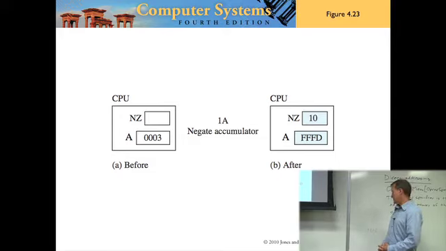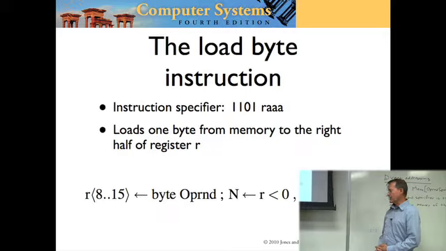I would like to emphasize a subtle problem or issue here that you really have to be aware of. These next two instructions are called byte instructions. Now, do you remember what the load instruction does?